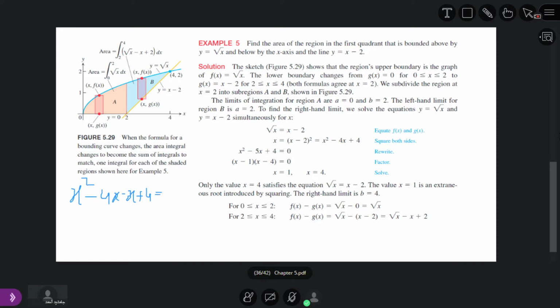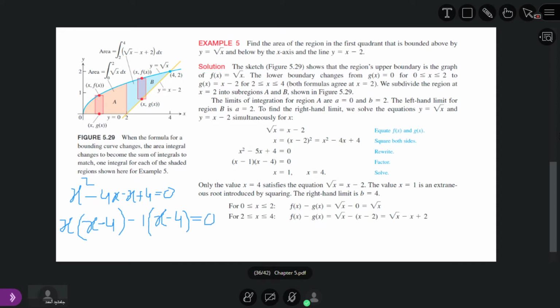So x squared minus 4x minus x plus 4 is equal to 0. From here, if we take x as a common factor, we get x minus 4, and we take minus 1 common from the second two terms. So this will again be x minus 4. It is equal to 0.